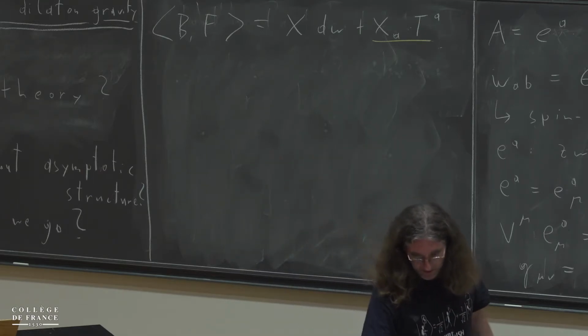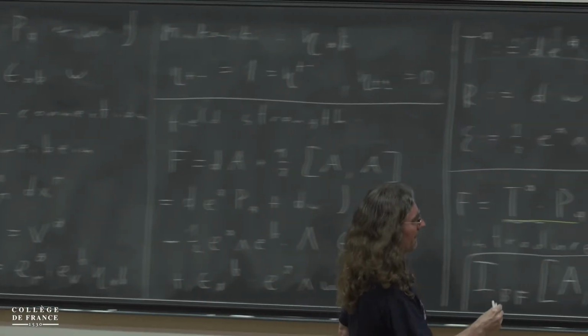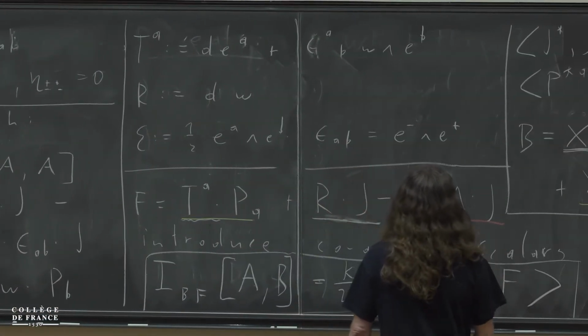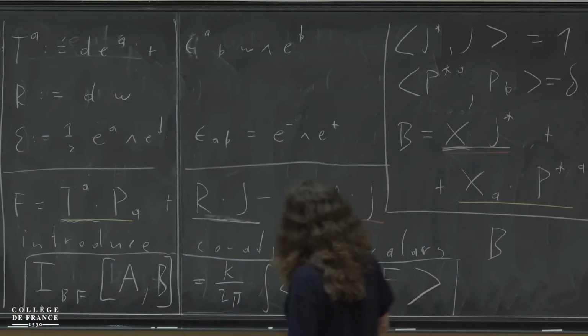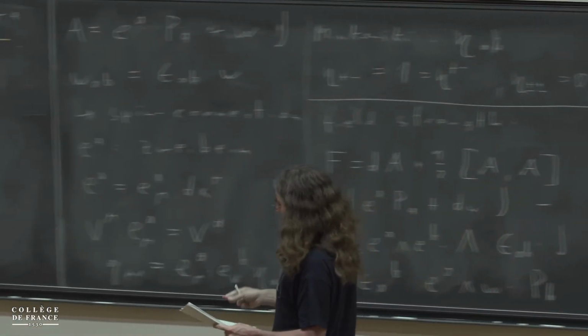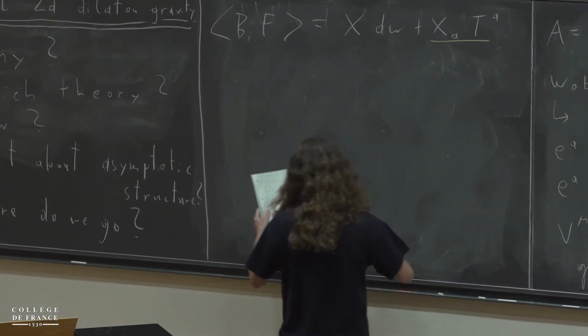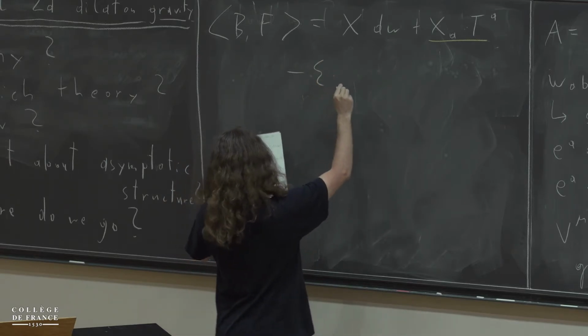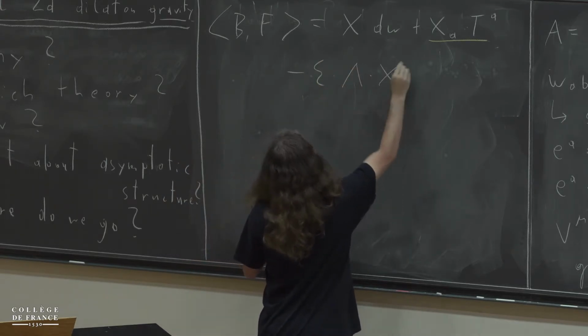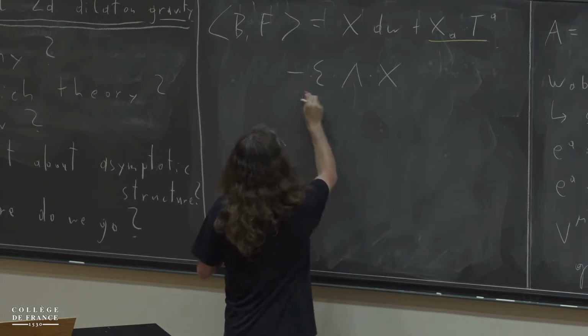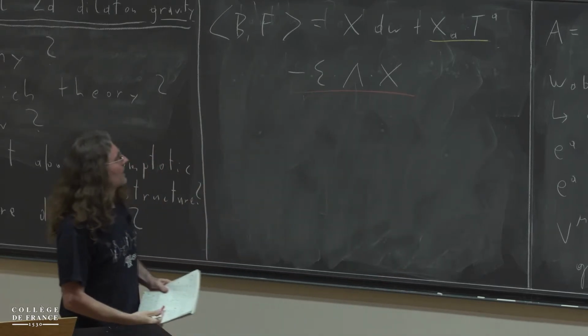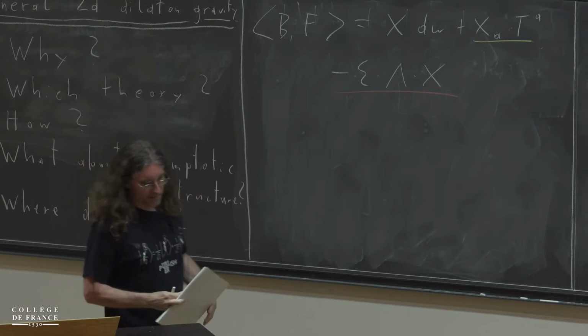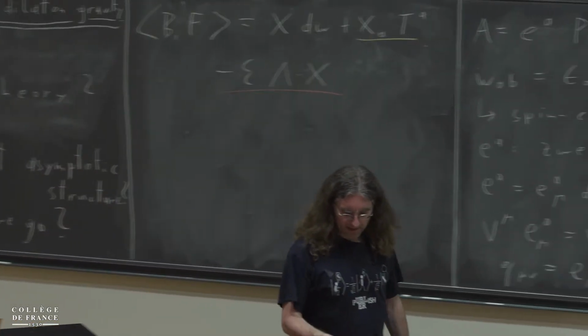And then we get the last term, which is this volume form, which again goes together with this x term. So we get another contribution to the Lagrangian of the form minus epsilon times lambda times x. And now you see what happens when you vary with respect to xa.